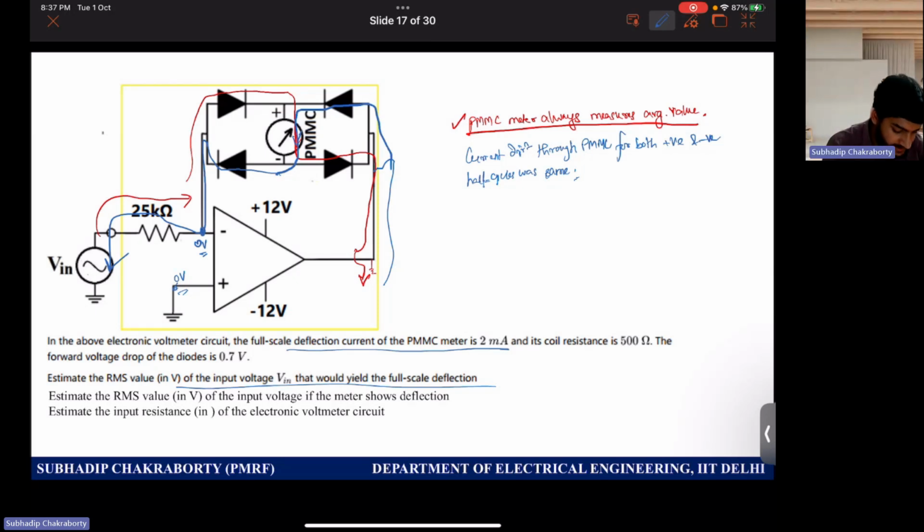So you see this current is flowing through this resistance. 2 milliampere current is flowing through this resistance, and the voltage is 2 milliampere times 25 kilo. But what is this voltage?